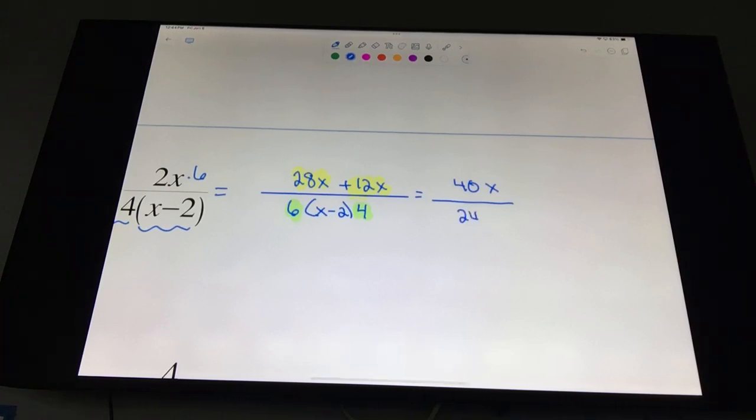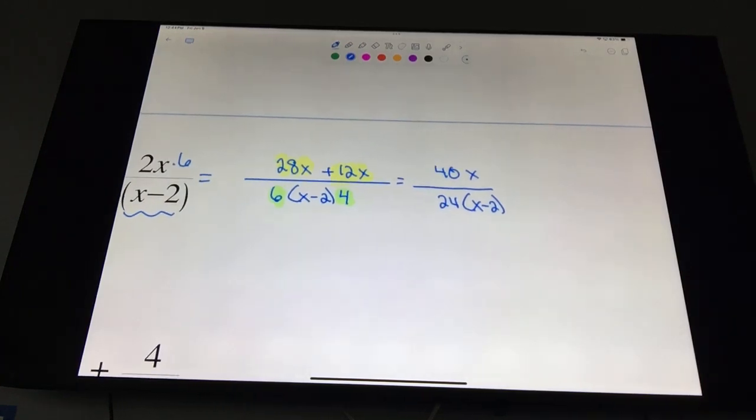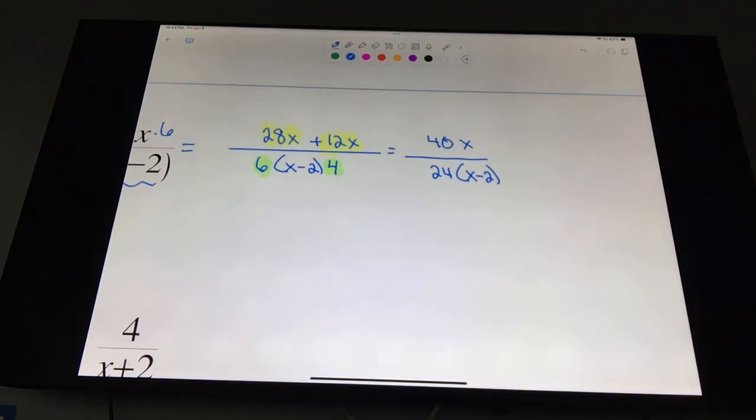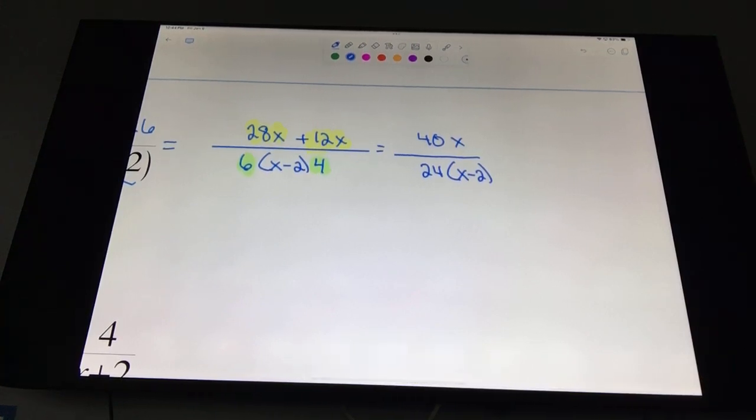We're going to take that 6 and 4 and make it 24. So we added, factor, we cannot factor this. But we can reduce. We're looking for the biggest number that goes into 40 and 24. Probably 8. So 8 goes into 40 5 times. 8 divides into 24 3 times. You could do that on your calculator if you wanted to. That will reduce for you.